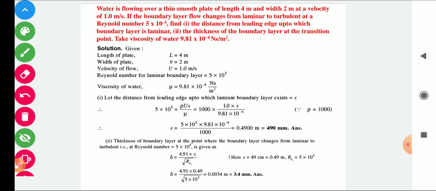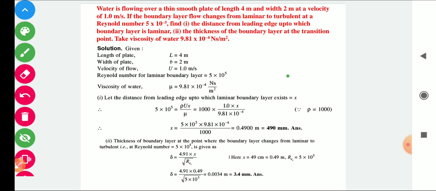If the boundary layer flow changes from laminar to turbulent at a Reynolds number 5 into 10 to the power 5, determine the distance from the leading edge up to which the boundary layer is laminar, and the thickness of the boundary layer at the transition point. Take the viscosity of water as 9.81 into 10 to the power minus 4 Newton second per meter square. So in this problem also we need to determine the thickness of the boundary layer and the length of the laminar layer.